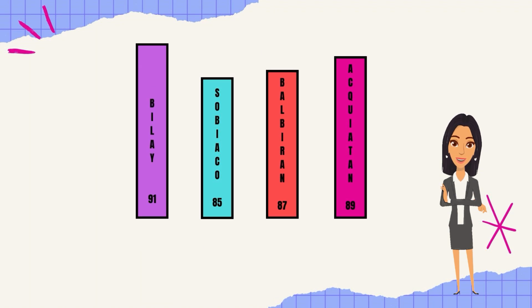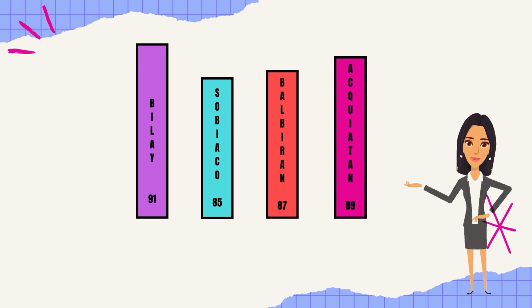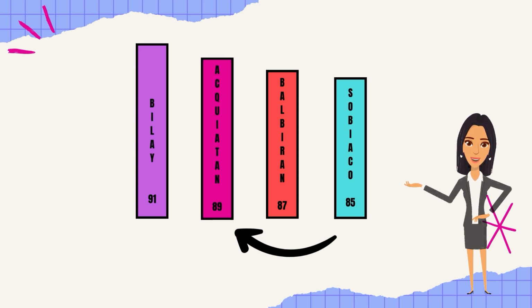And repeat the process in comparing the 2 segments until you organize its data. Therefore, the sorted arrangement using TeamSort is: rank 1 is BILAY with 91, rank 2 is ACQUIATAN with 89, rank 3 is BALBIRAN with 87, and rank 4 is SOBIACO with 85.